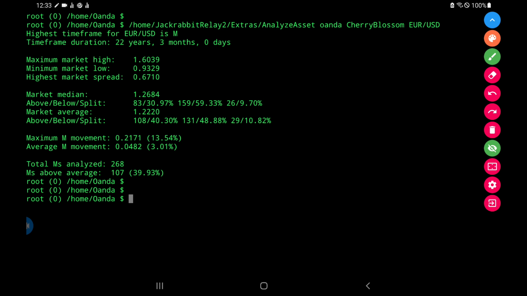And that brings us to looking at the maximum amount of movement for the highest time frame. And this is really the big numbers. This is really what helps you decide your stop losses, or just how far the market is likely to move against you if you have a really bad situation. So looking at these two numbers here, the maximum monthly movement is 2,171 pips, or 13% of the total volume of the market.